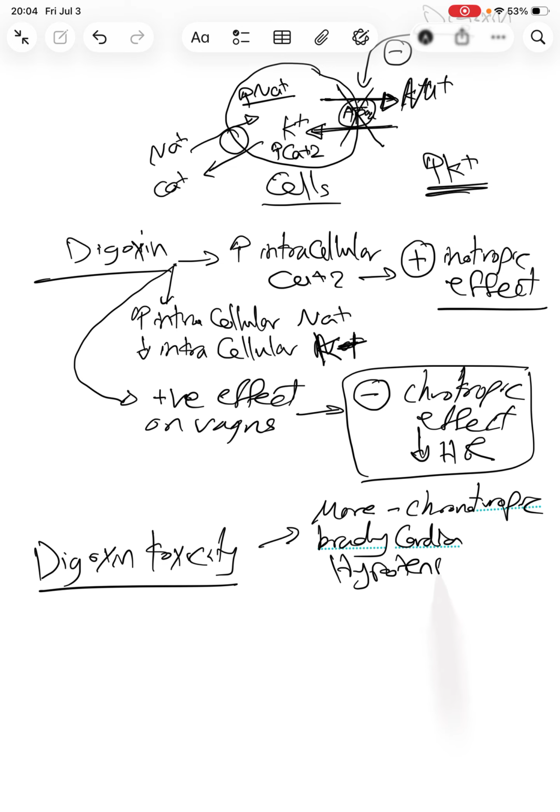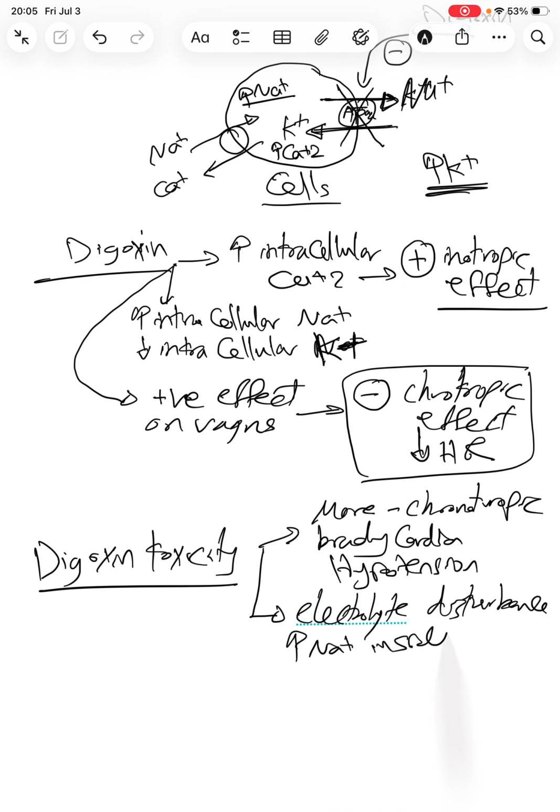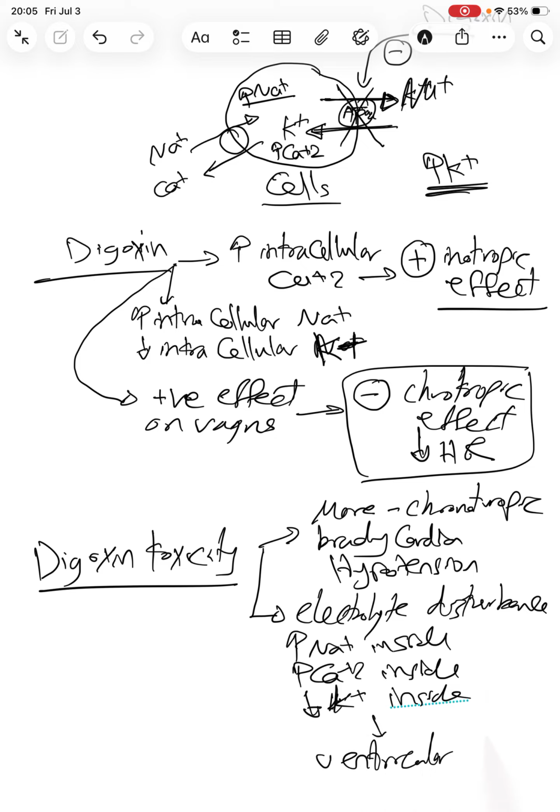Also, there will be more electrolyte disturbance inside the myocardial cell: more sodium inside, more calcium inside, less potassium inside. This will induce ventricular tachyarrhythmia or ventricular arrhythmias in general. So digoxin toxicity can cause hemodynamic instability by different mechanisms.